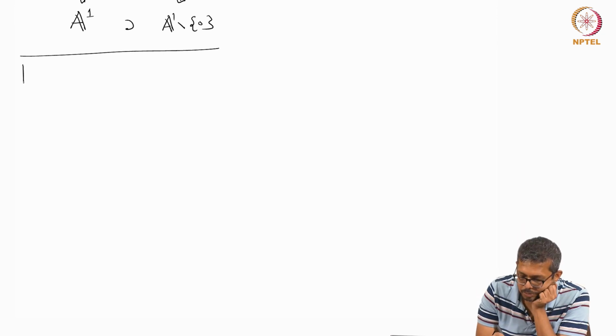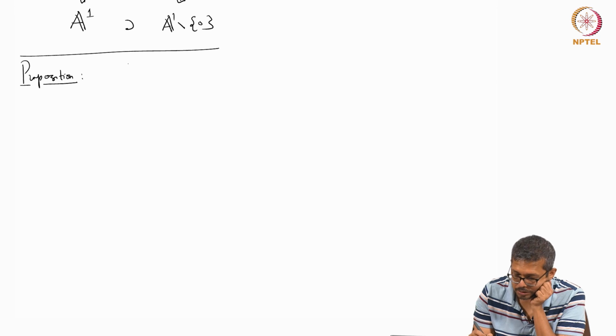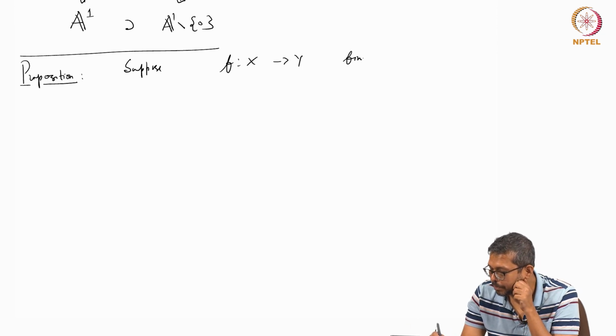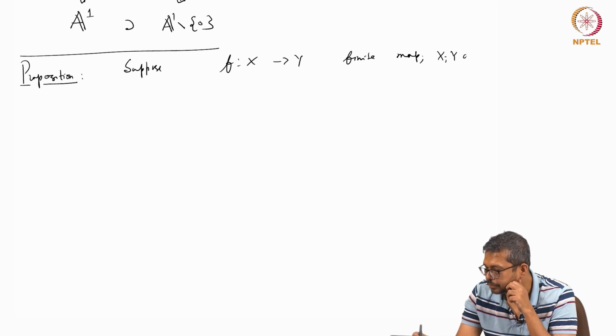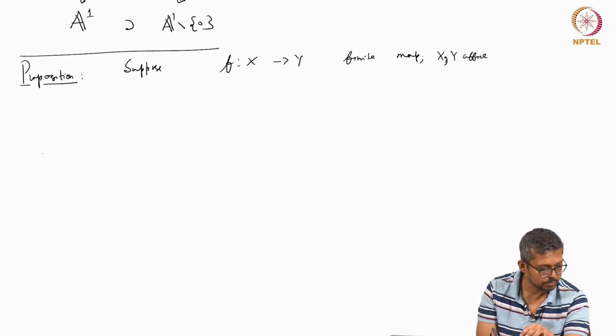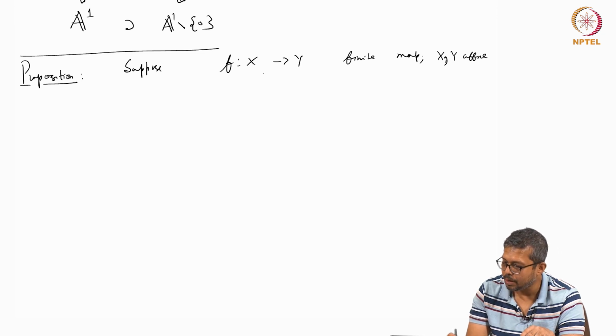Okay, so proposition. Suppose f is a map of affine varieties, a finite map, X and Y affine. So this is a map of affine varieties.